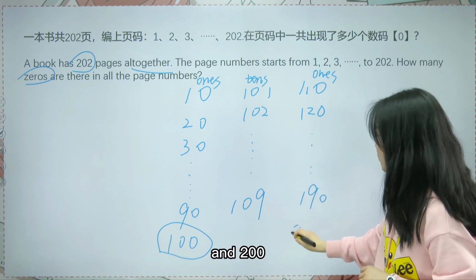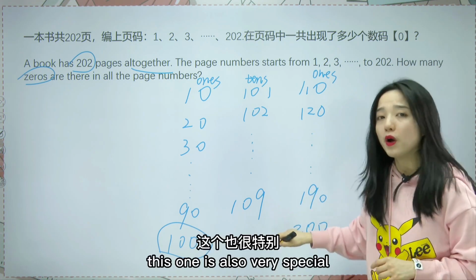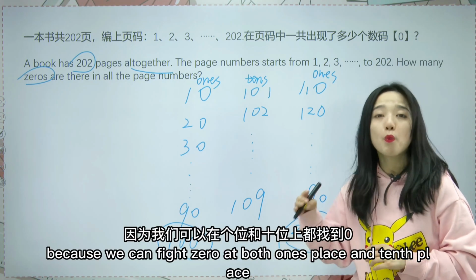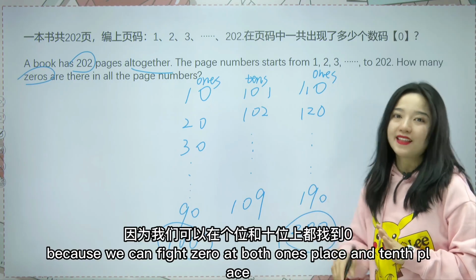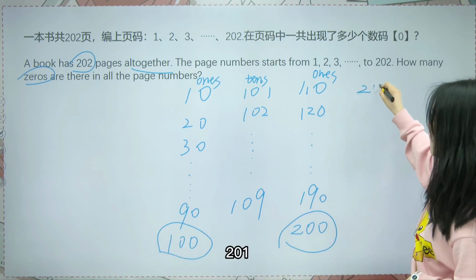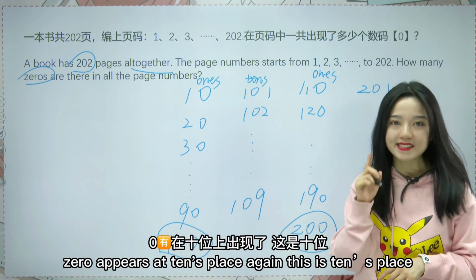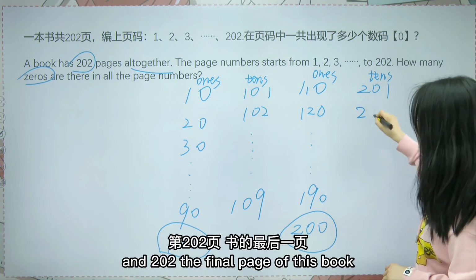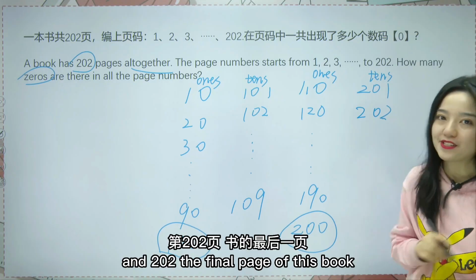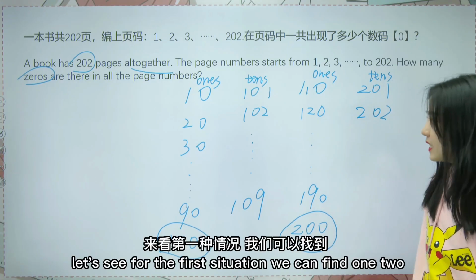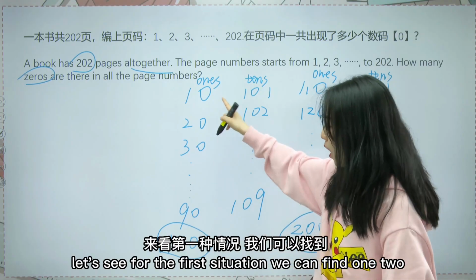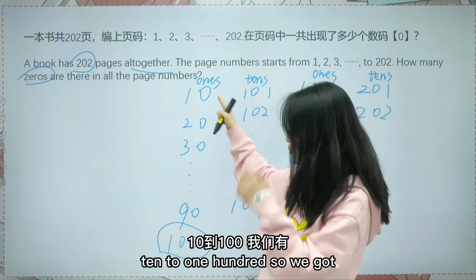And 120 to 190 and 200. This one is also very special because we can find 0 at both 1's place and 10th place. Let's continue. 200. 0 appears at 10th place again. And 202, the final page of this book. Let's see. For the first situation, we can find 10 to 100.